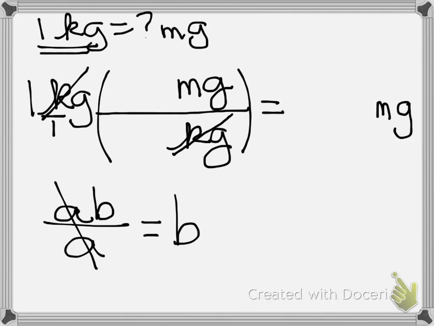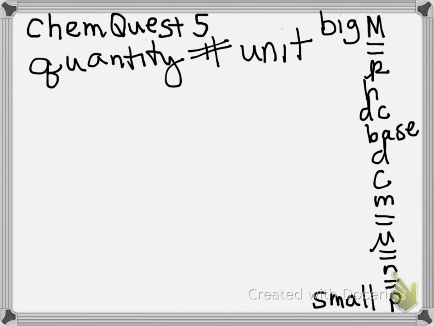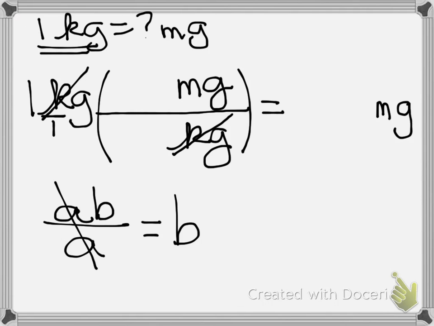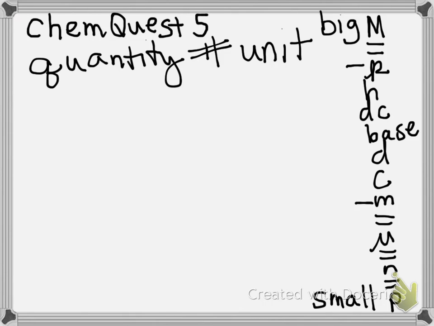So the question here then is about which one's larger. So when we look at this again, we're talking about kilo here and milli. And so kilo is bigger. So again, we make our larger one equal to 1. And then we count to figure out how many we need. So we have 1, 2, 3, 4, 5, 6.